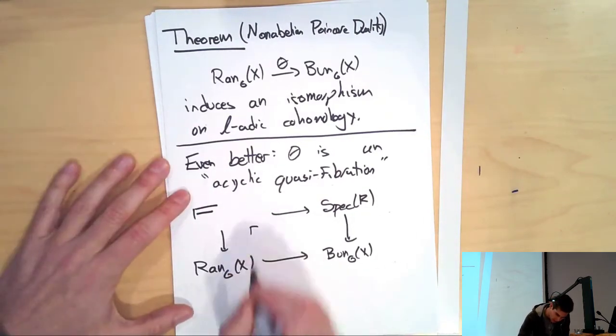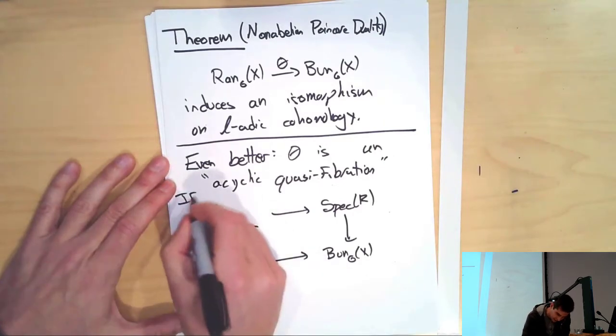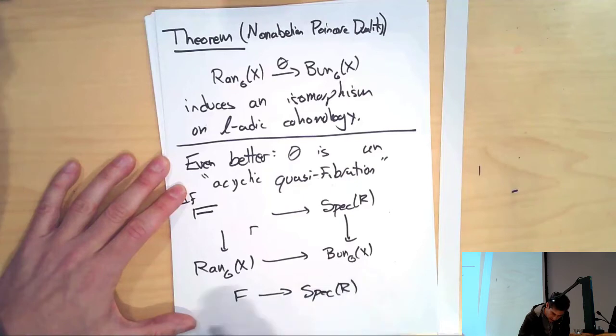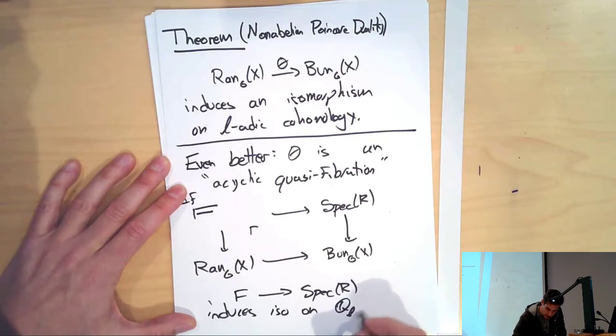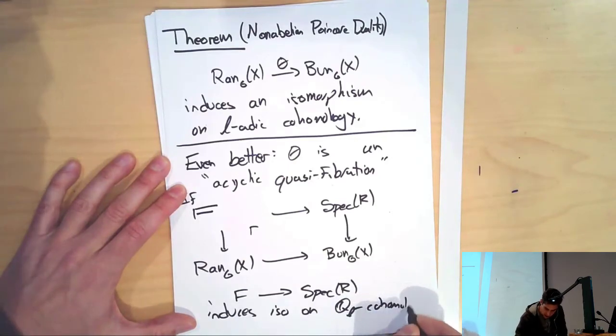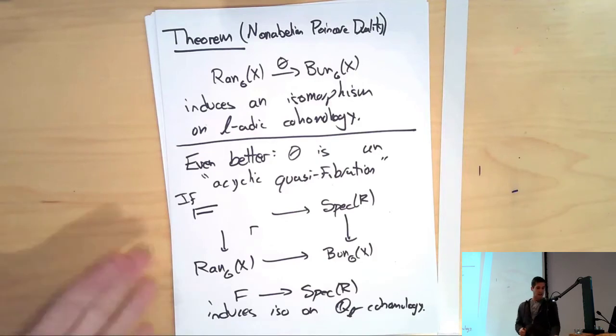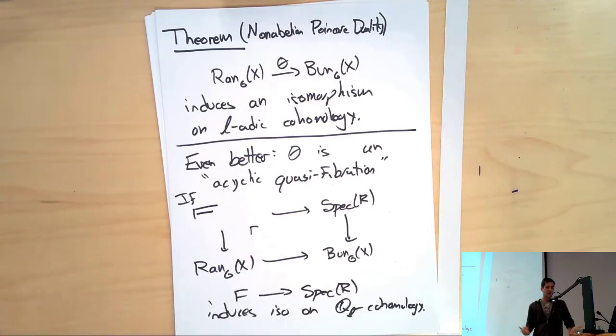If this is a pullback square, then the map from F to spec R induces an isomorphism on Q_l cohomology. And it's more or less formal from the way I defined L-adic cohomology by a limit procedure, that if you know this, then you know that the map on the bottom has to induce an isomorphism on L-adic cohomology.